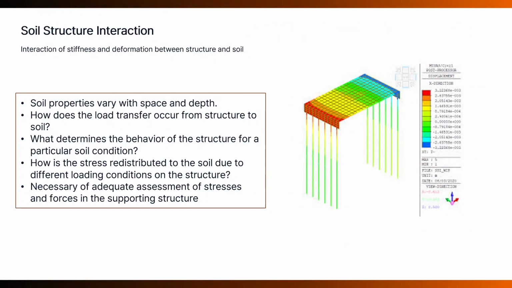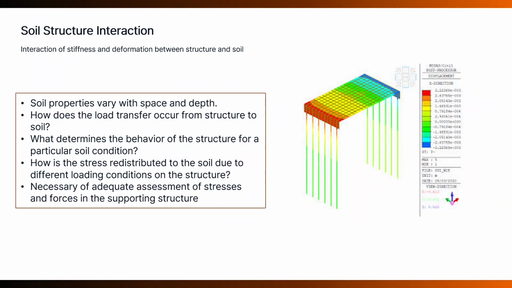In the case of integral bridges, we also have another interface, the abutment and the bridge interface, where the lateral earth pressure of the soil acts. This is another loading case that has to be considered for integral bridges. So soil structure interaction essentially studies how the load transfer takes place with respect to the connections between the structure and the soil.